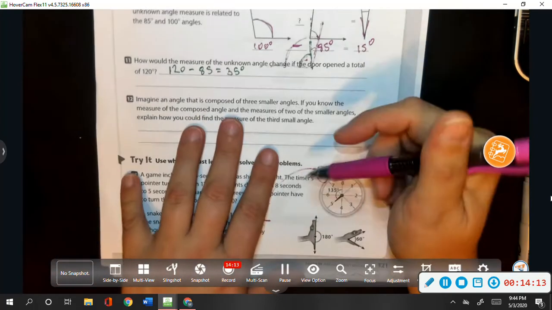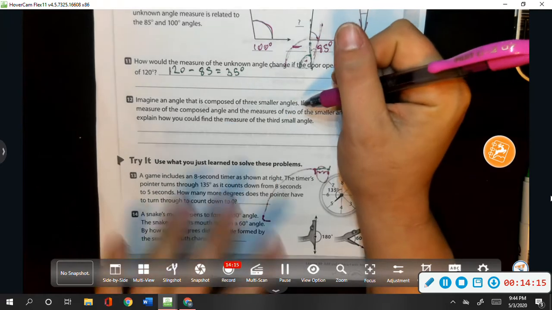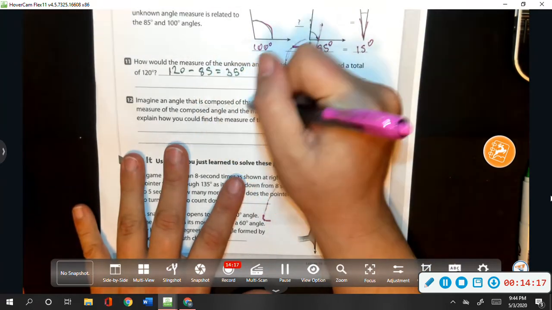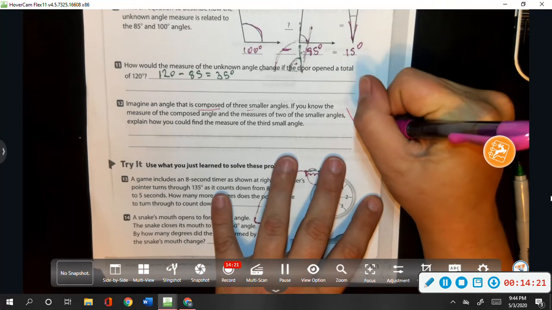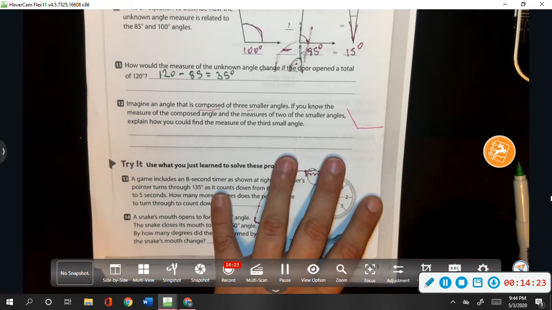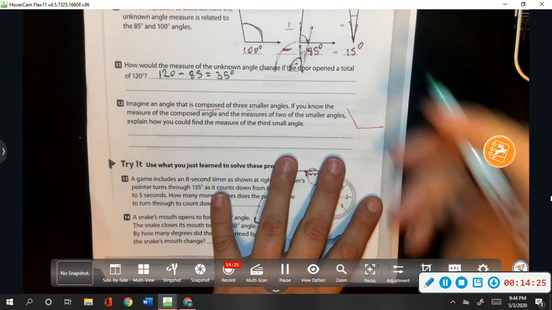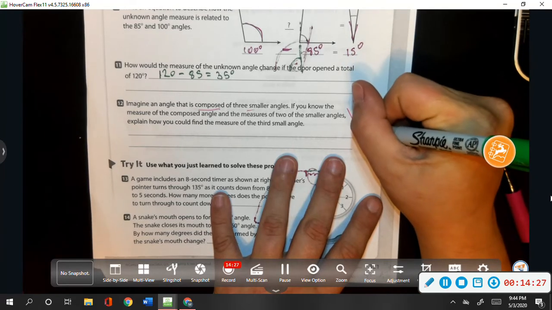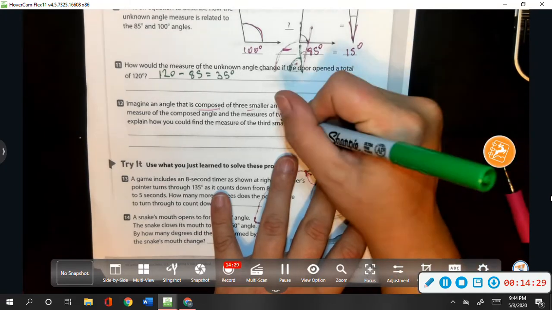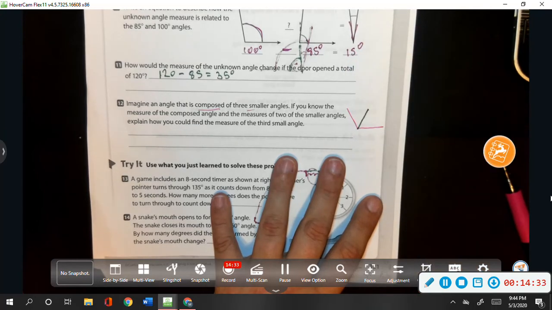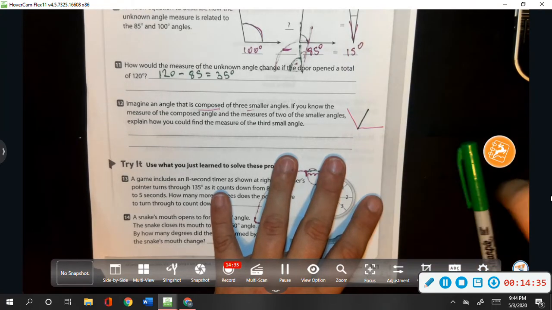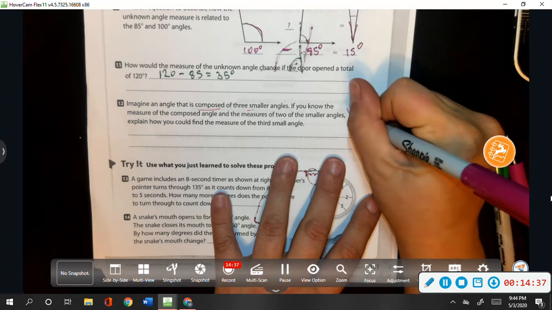So if I had a big angle, within that angle I had two smaller angles. So here are my two smaller angles.